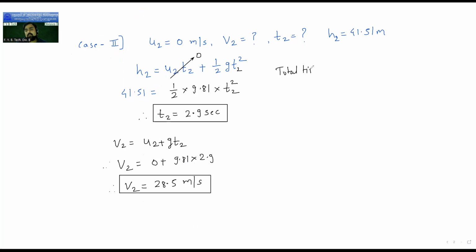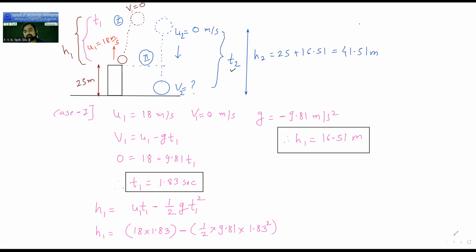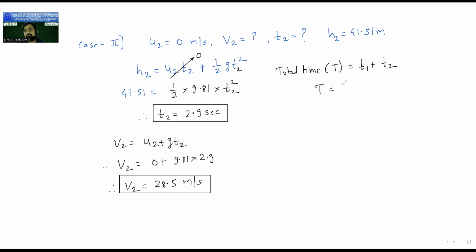So total time, let us say capital T, is equal to T1 plus T2, which is 1.83 plus 2.9. So T is equal to 4.73 seconds.